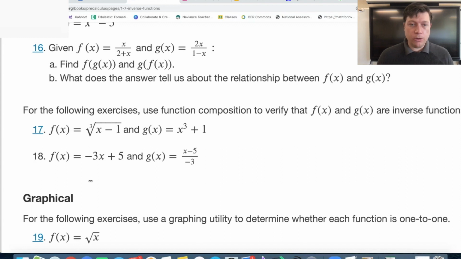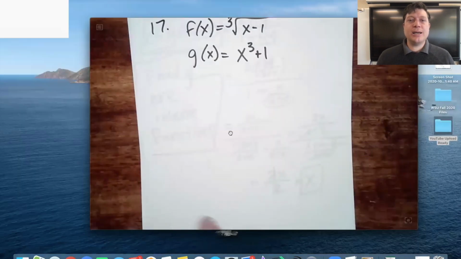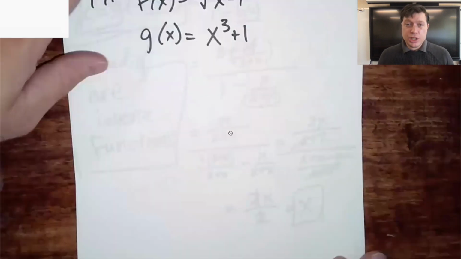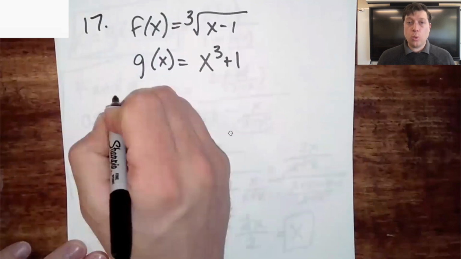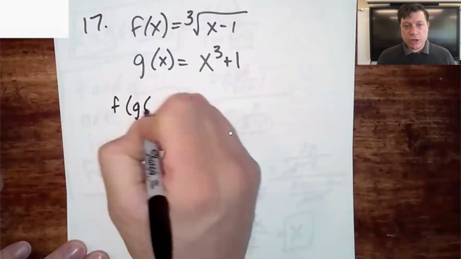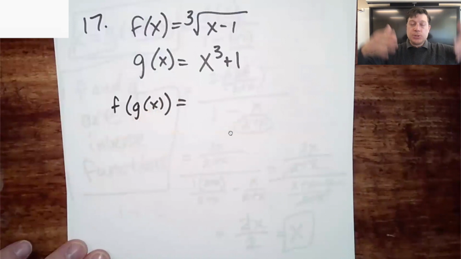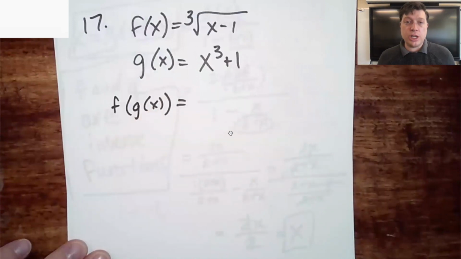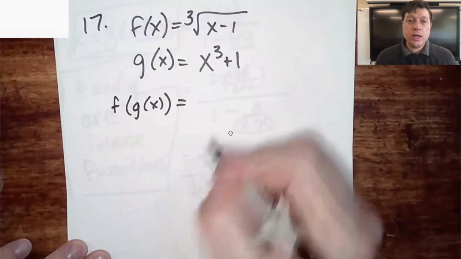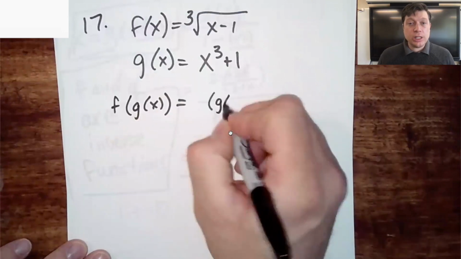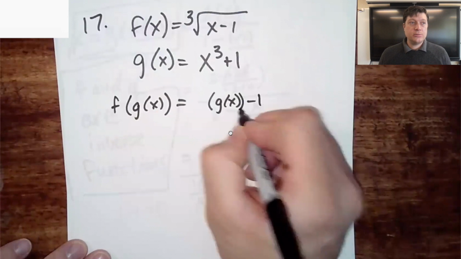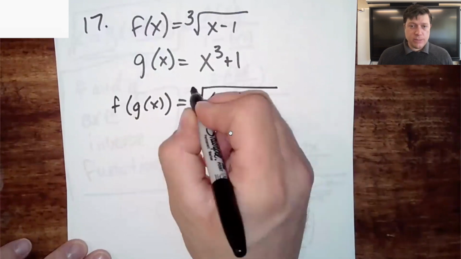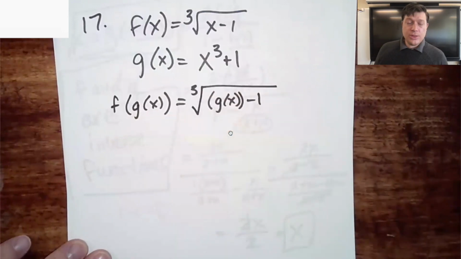So for example, we're going to take the expression x to the third plus 1, that's the g function, and insert it into the f of x function wherever x is located. We'll do some simplification. If our answer is actually x, then f and g can be demonstrated to be inverse functions in this fashion.